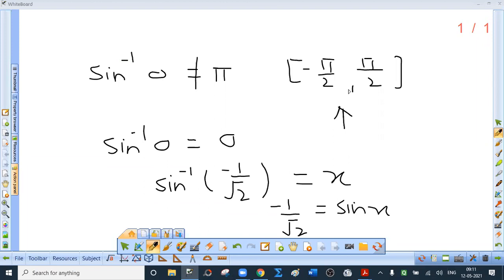I already told you that the answer should belong to this closed interval. Suppose that angle is x. Now invert the relation, so minus 1 by root 2 is sine x. Now tell me the angle whose sine ratio is minus 1 by root 2 and which belongs to this particular interval. Clearly that angle is minus pi by 4. Right? So what is sine inverse of minus 1 by root 2? It is nothing but minus pi by 4.